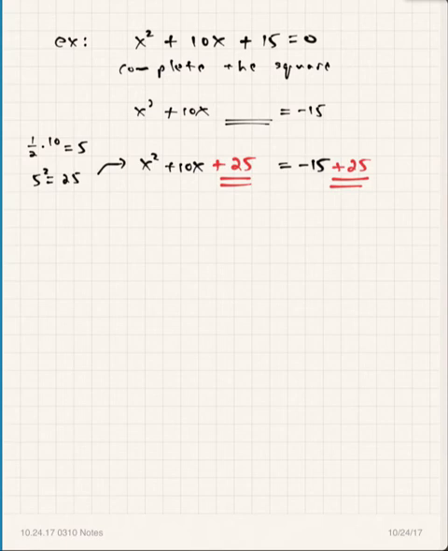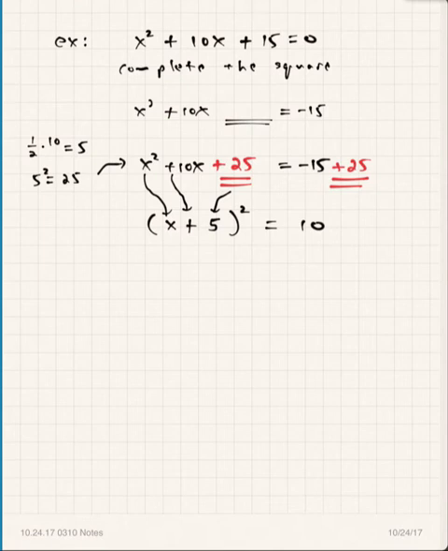All right, so now remember that the left side is a perfect square trinomial, and it factors as the square root of the first term, the sign of the second term, the square root of the third term. So this factors as x plus 5 squared equals 10.